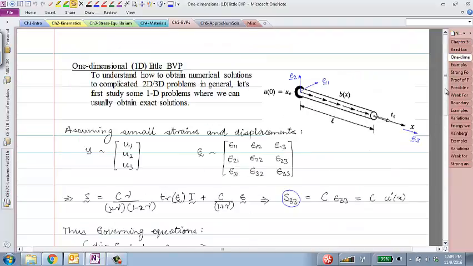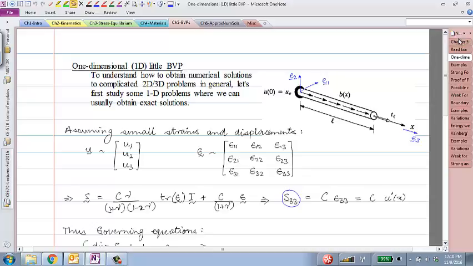All right. So as I was saying, we are going to be trying to understand how to generate approximate numerical solutions and how good these approximate numerical solutions are. Now, for general three-dimensional problems, that's a little bit of a complicated process, but it's a process that will be mimicked very closely by what I'm calling a one-dimensional boundary value problem.